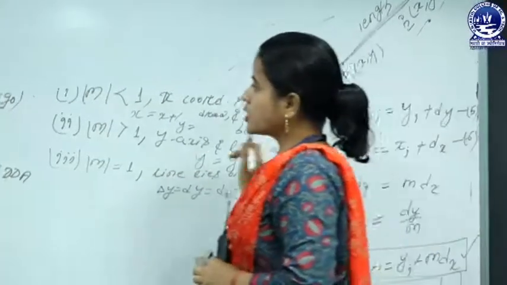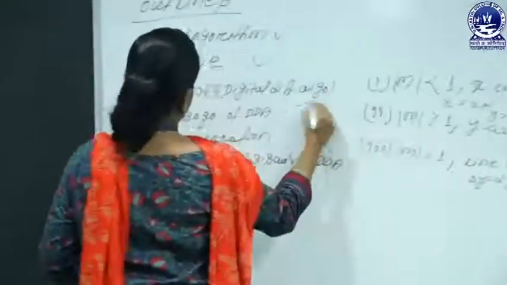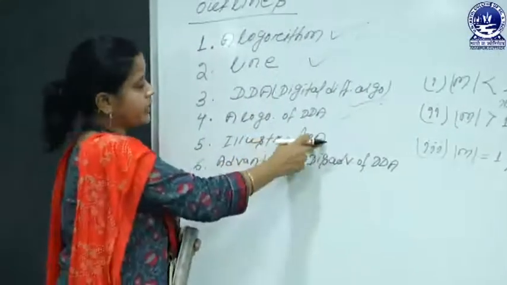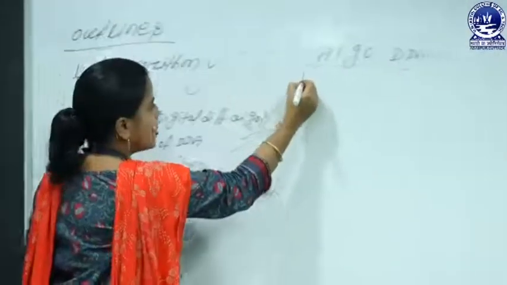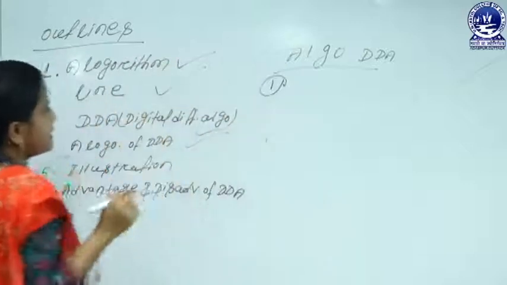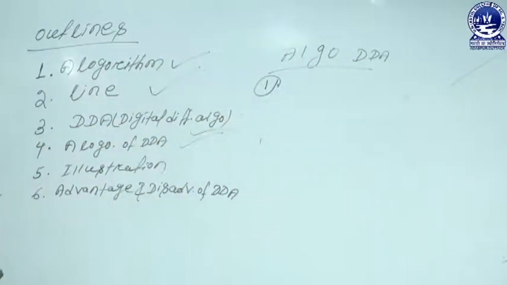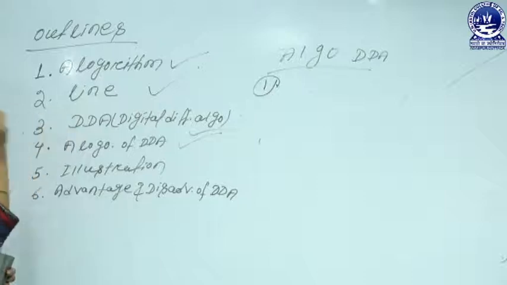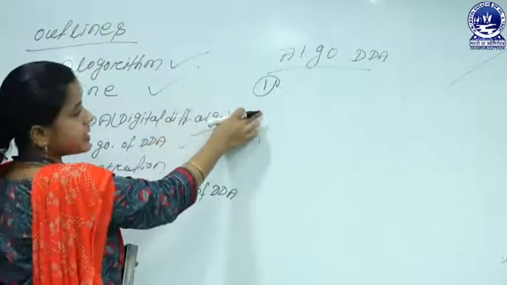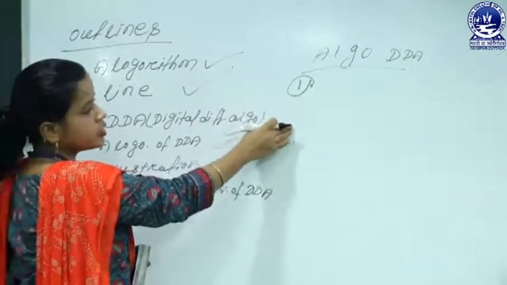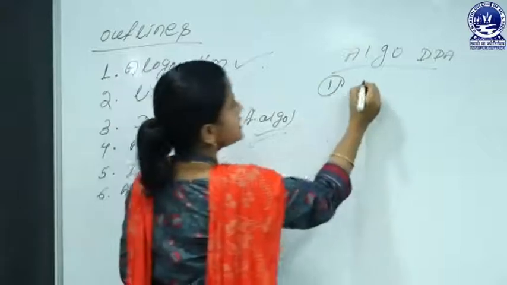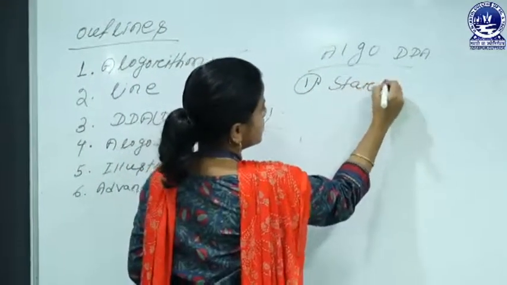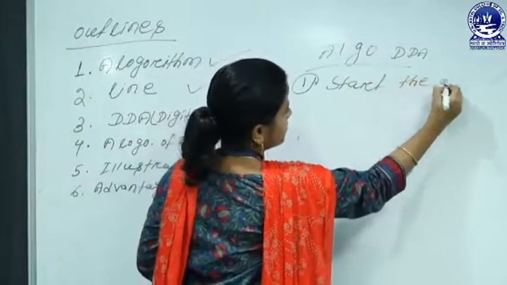Okay. Now goes to the next part, that's the algorithm of DDA. As we already described, in case of algorithm it requires a finite number of steps. So on the initial step, when the programmer or the user is writing the algorithm, it starts the algorithm.